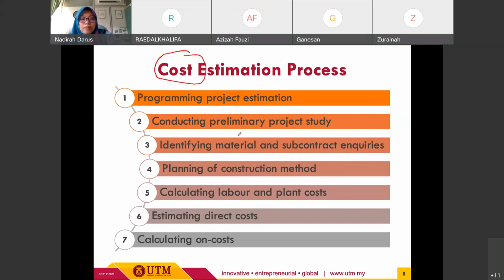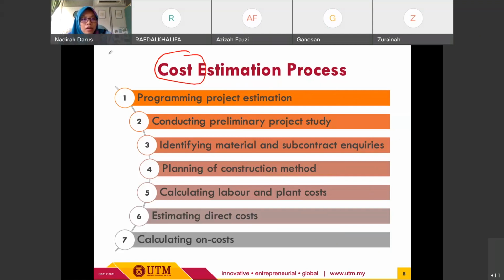So at the end, if we try to connect each of the elements, the allocation of risk and the allocation for contingencies will be related to all of this process.